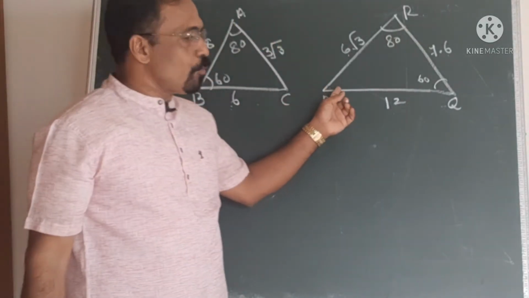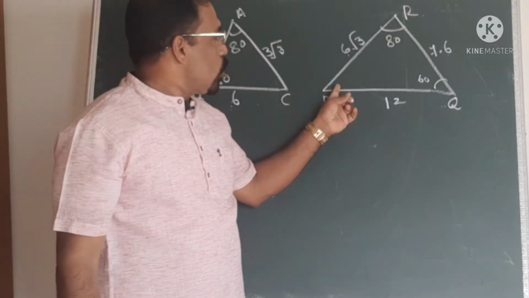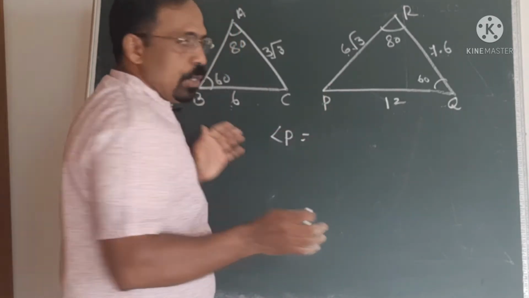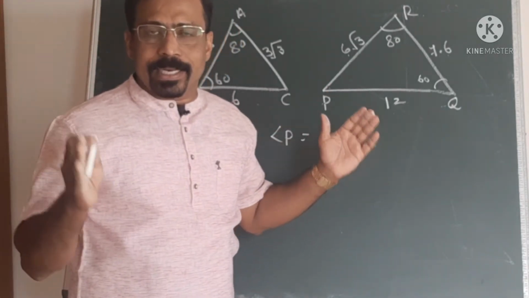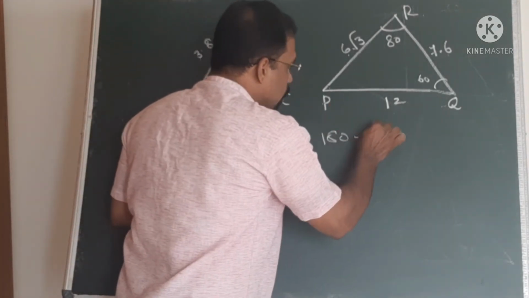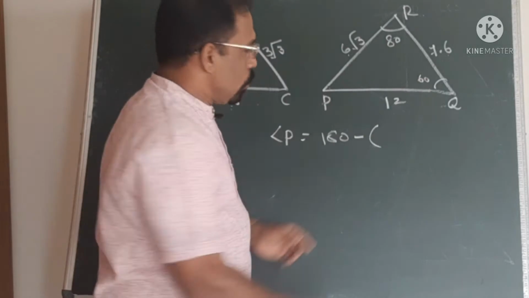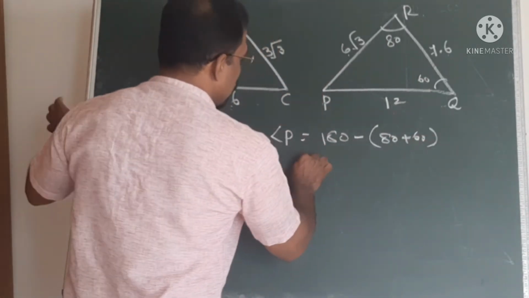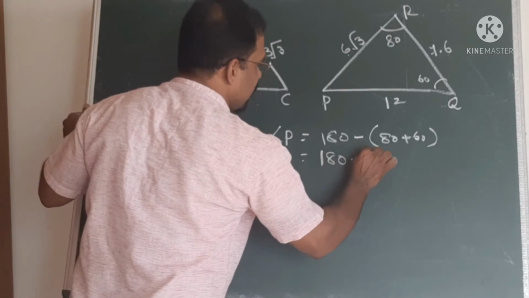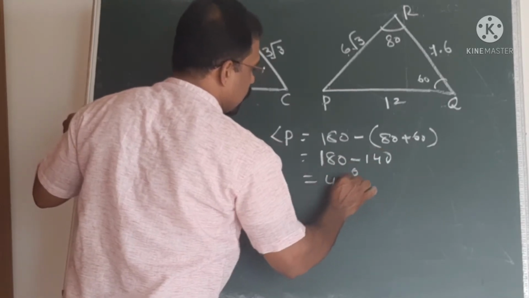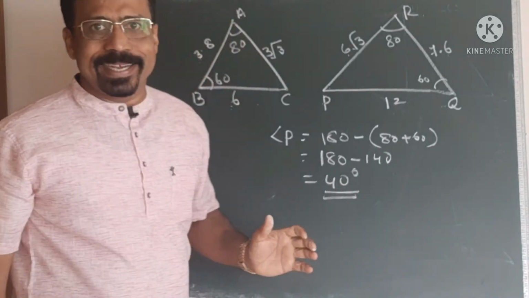So what we have to find out is the value of angle P. We know that the total sum of the angles in a triangle is 180. So angle P is 180 minus the sum of these two, 80 plus 60. That is 180 minus 140. So angle P is equal to 40 degrees.